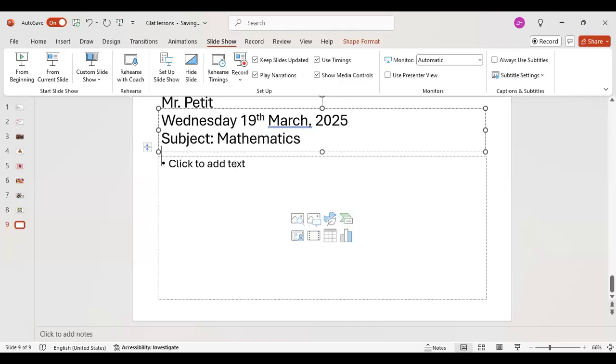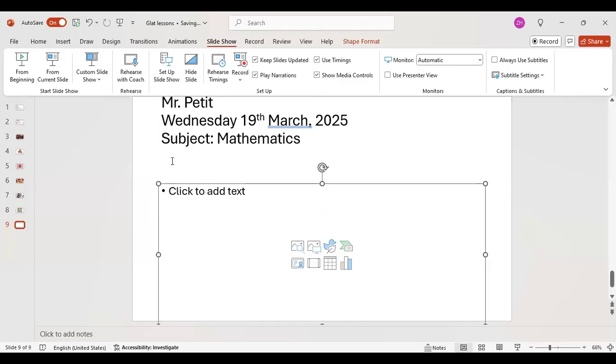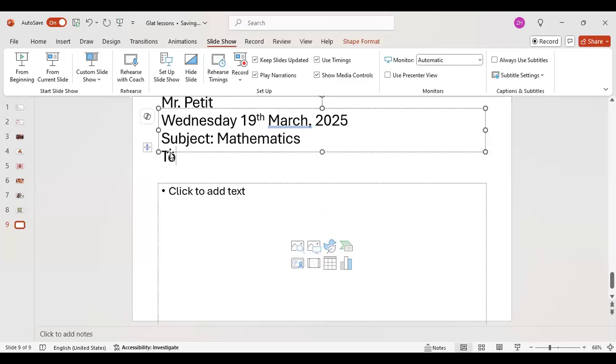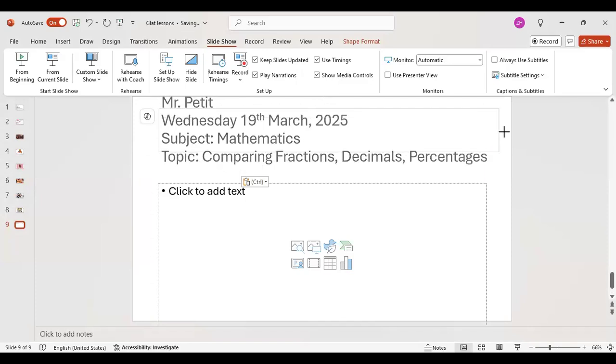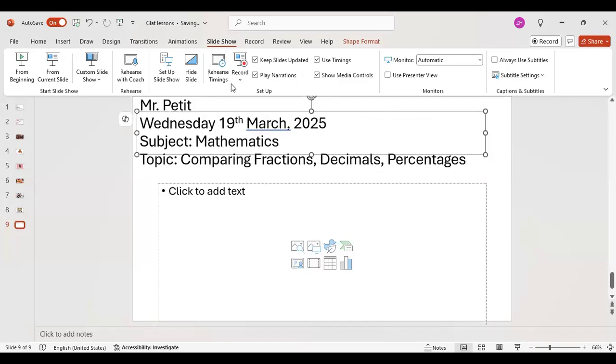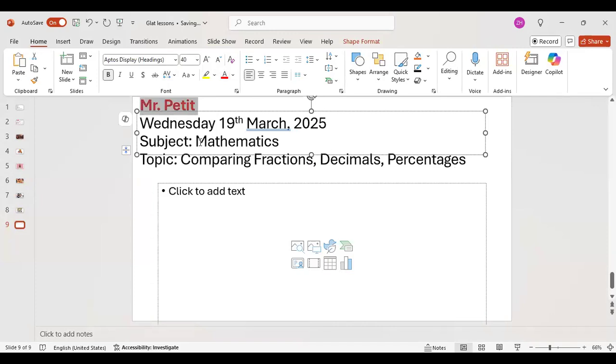We're going to be looking at the topic of comparing fractions, decimals, and percentages. We're going to walk through these questions, and hopefully we get a better understanding of how to do these as we move forward.